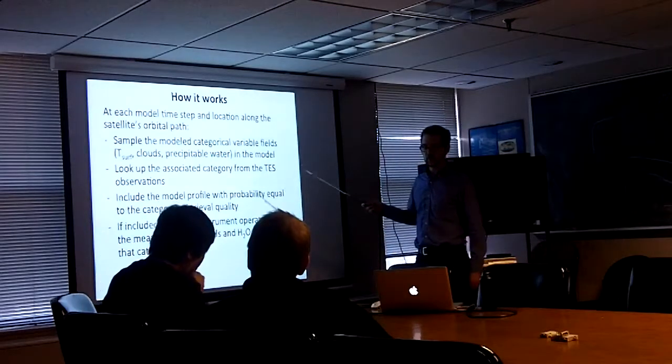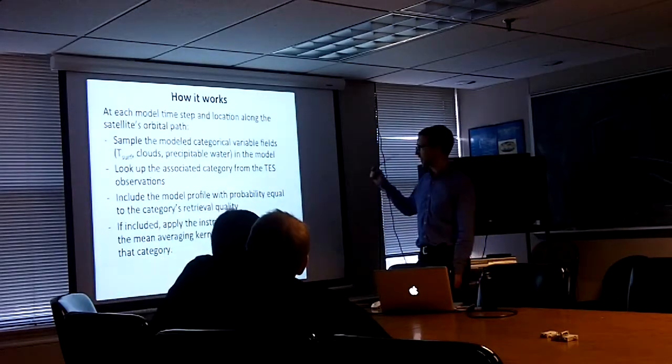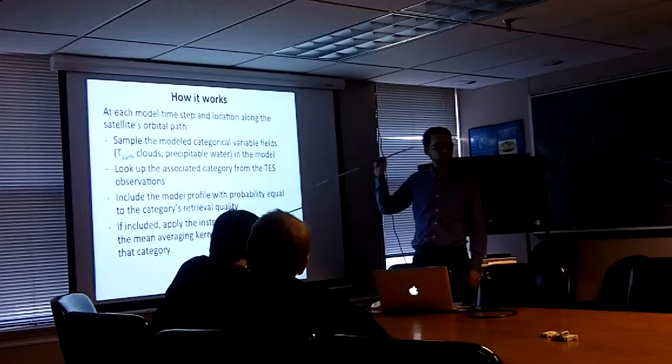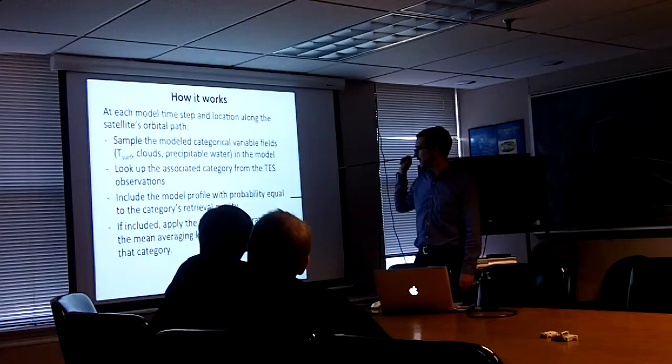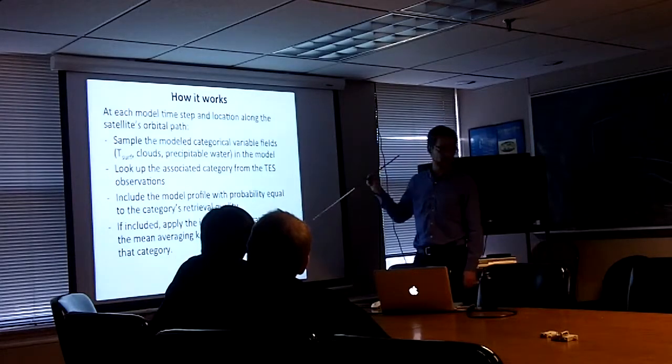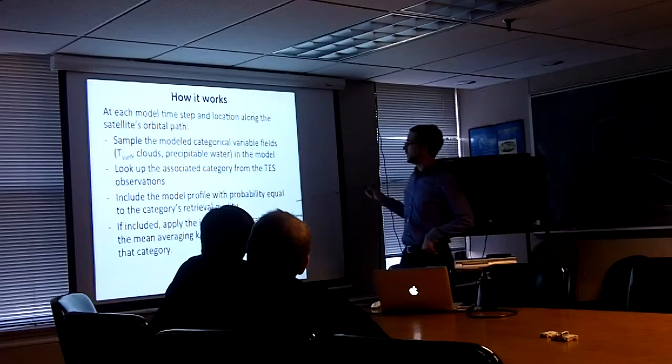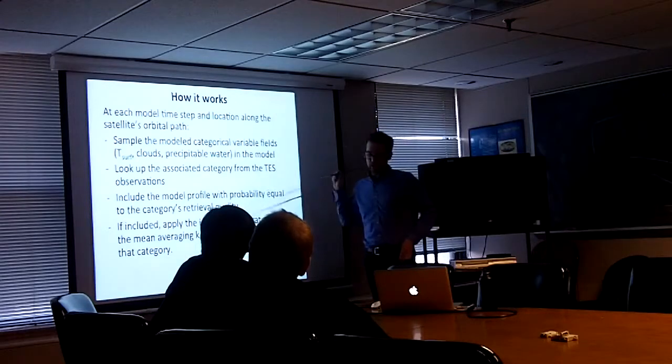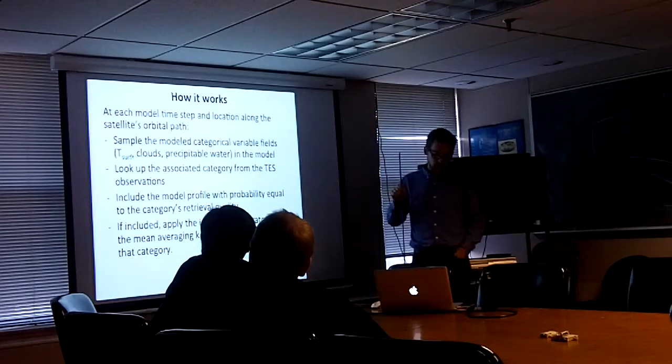So at each time step and location along the orbital path, we sample those categorical fields in the model, look up that category from the TES observations, which have all been pre-computed, and include that model profile with probability equal to the retrieval quality.